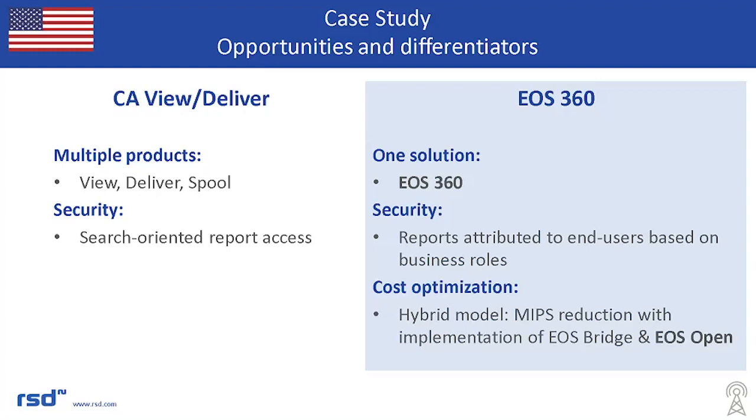The second differentiator was basically the user interface for CA Deliver was a search-oriented methodology. So those telco end users of CA View and Deliver had to use cheat sheets to keep track of the reports that they used on a daily basis. Whereas with the EOS 360 product, reports are attributed to end users based on their business roles.